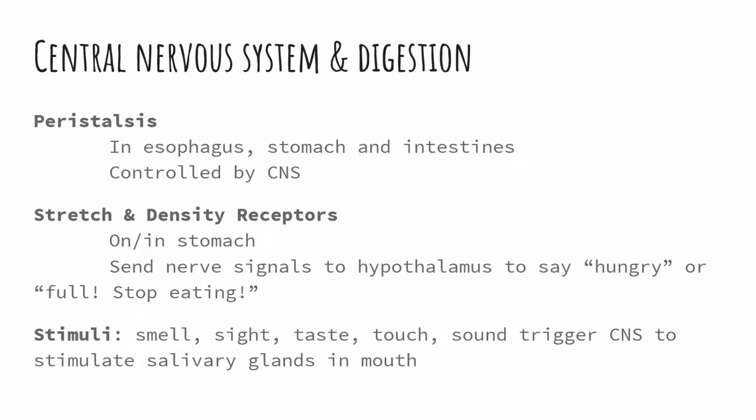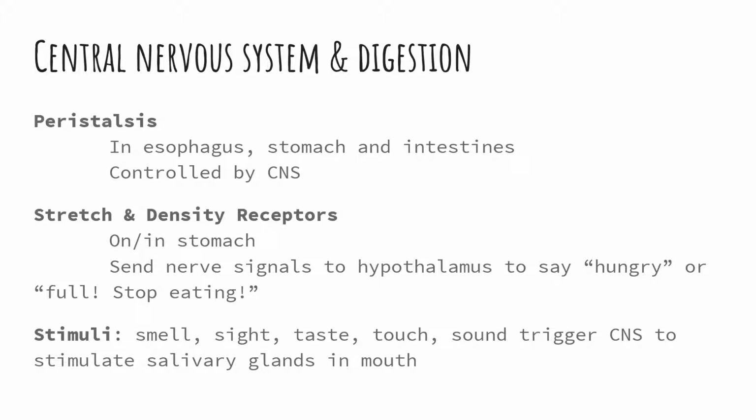On the stomach, we have stretch and density receptors. These are connected to the central nervous system, and they respond to, remember we said, the stomach can be as small as 3/4 of a cup or as large as a gallon, roughly. So as the stomach becomes more stretched and also filled up, these receptors will send nerve signals to the hypothalamus.